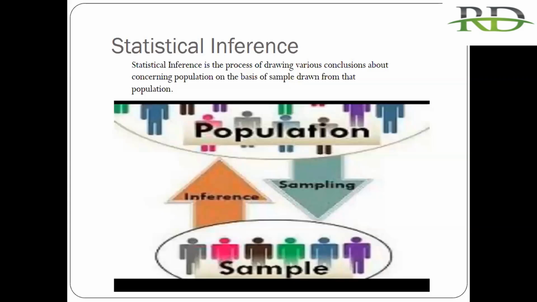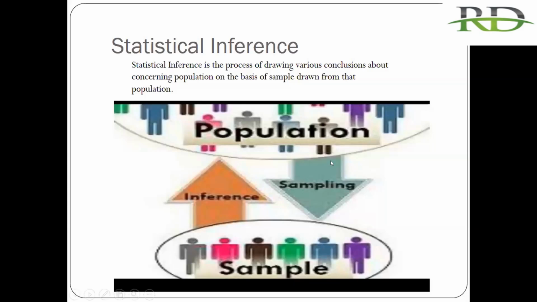The process of drawing conclusions from the known sample to the unknown population is called statistical inference. So statistical inference is the inductive process, from known sample to unknown population.